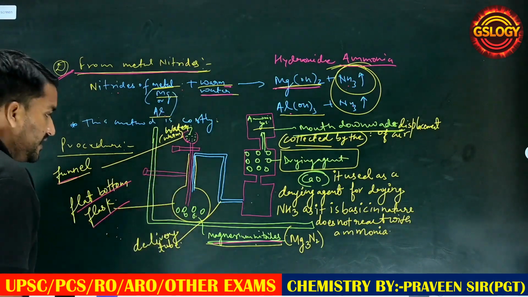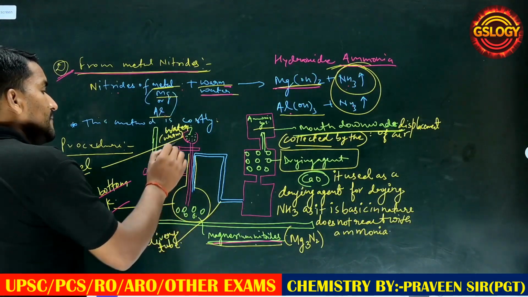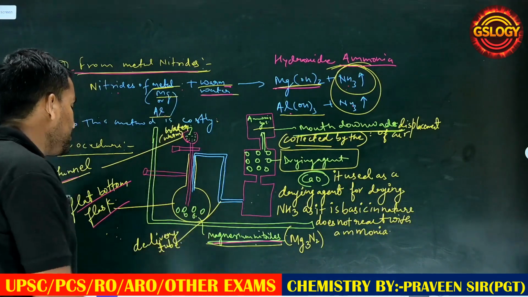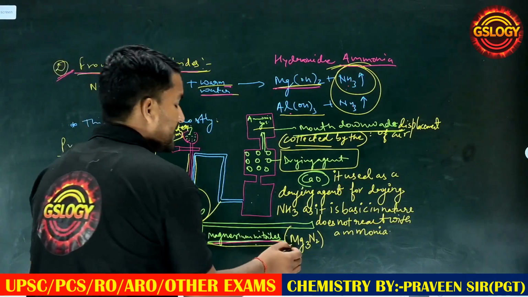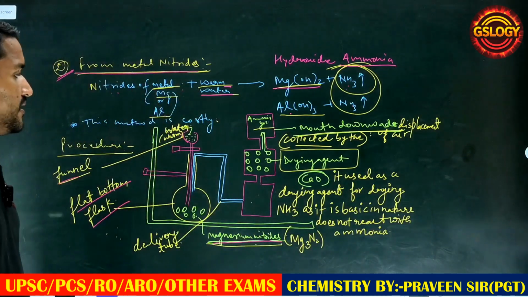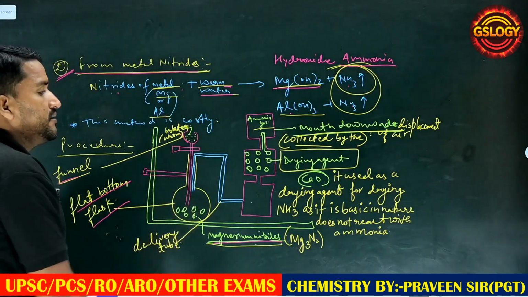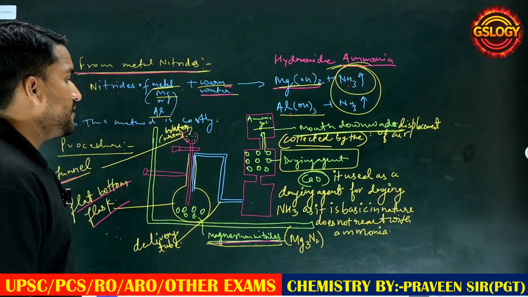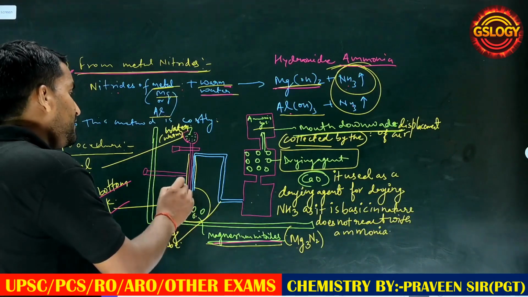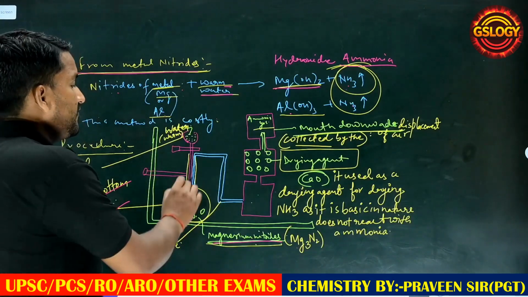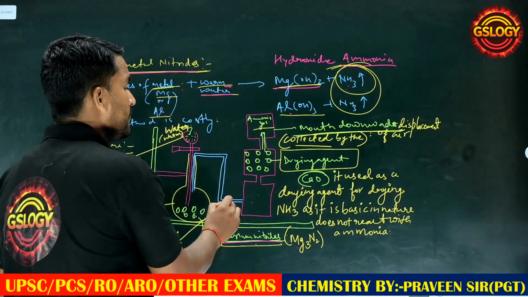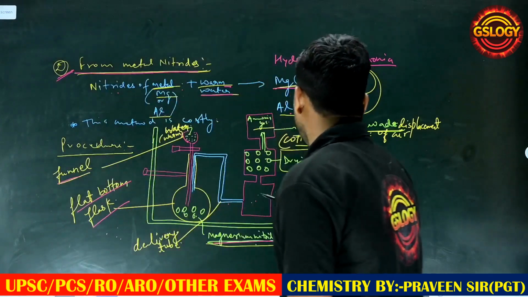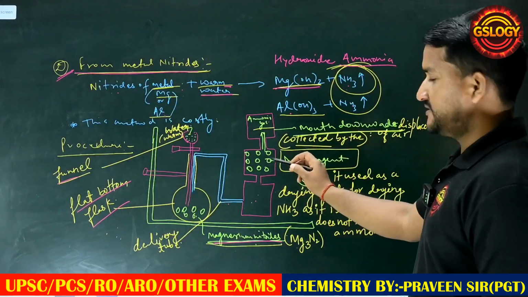By the funnel, warm water is added into the flat bottom flask which contains the magnesium nitride. Then it forms magnesium hydroxide and ammonia, which passes through the delivery tube into another container, and the other container contains the drying agent.